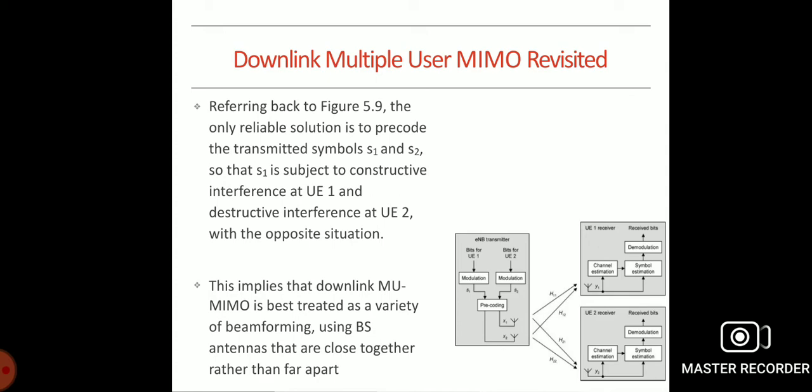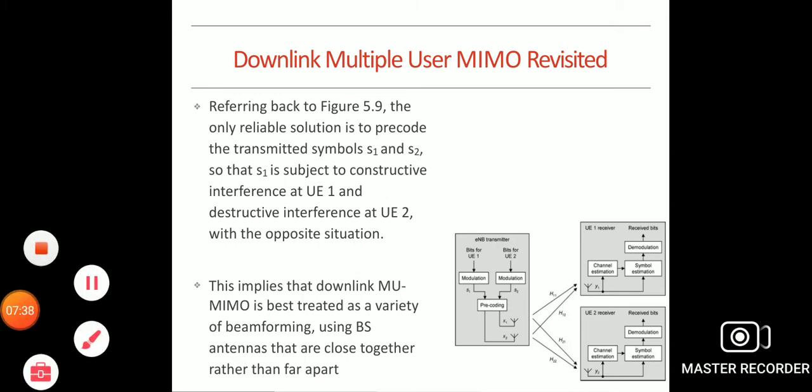The diagram denotes the channel and also the pre-coding and modulation on the transmitting side and the receiving side, and also the channel estimation and symbol estimation. So this implies downlink MIMO is best treated as a variety of beamforming, using base station antennas that are close together rather than apart.